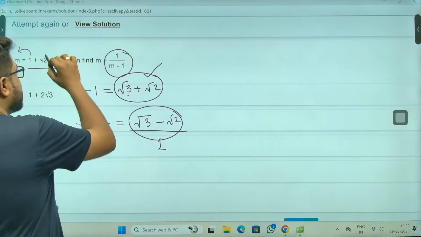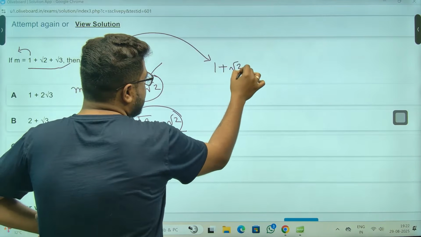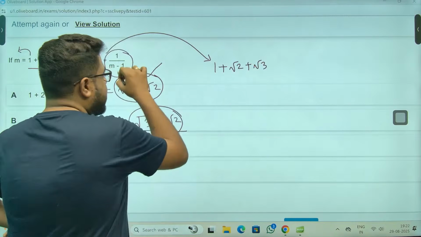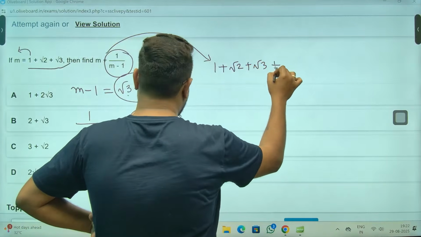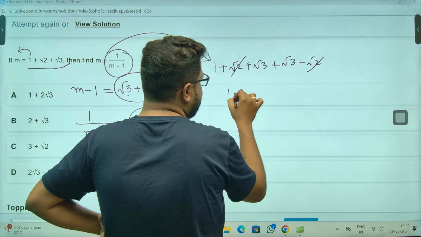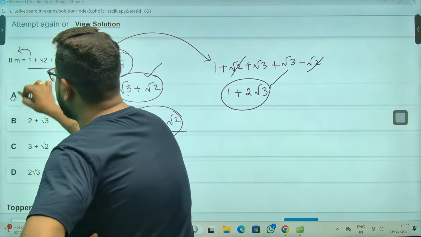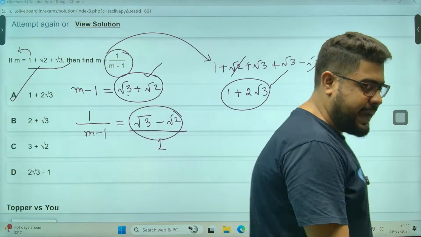So if I need M plus this, M is 1 plus root 2 plus root 3, and 1 by M minus 1 is root 3 minus root 2. So 1 plus 2 root 3 is the answer. Option number A only.